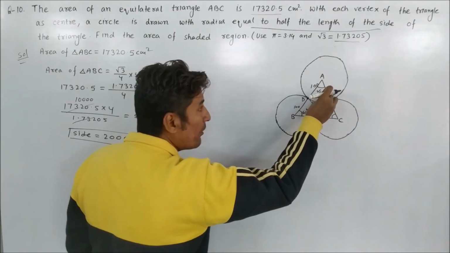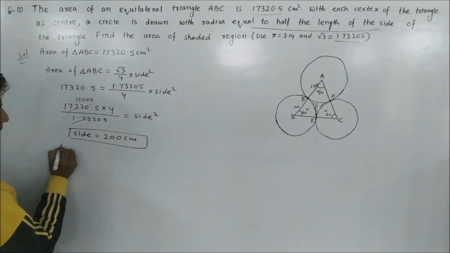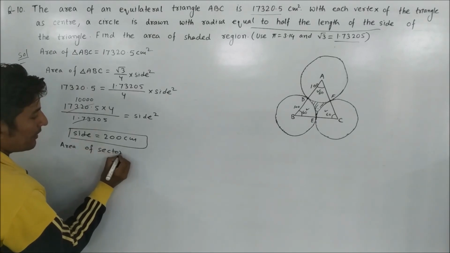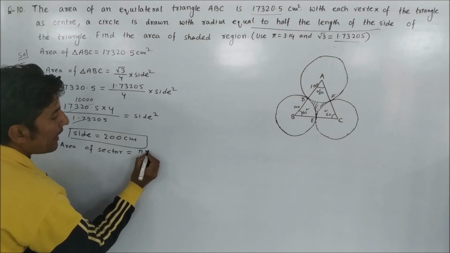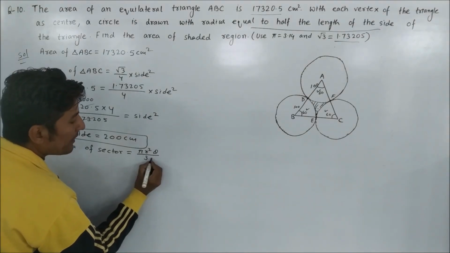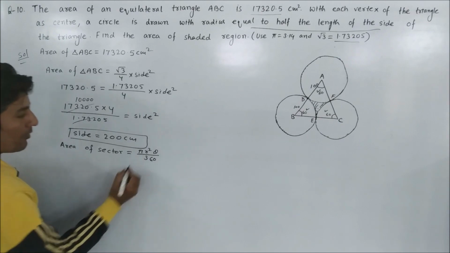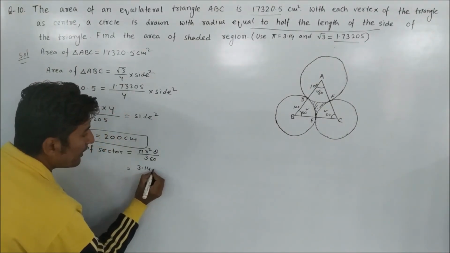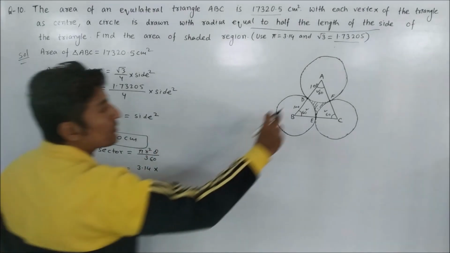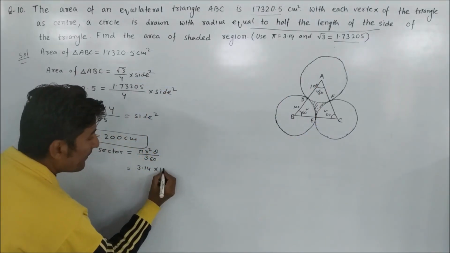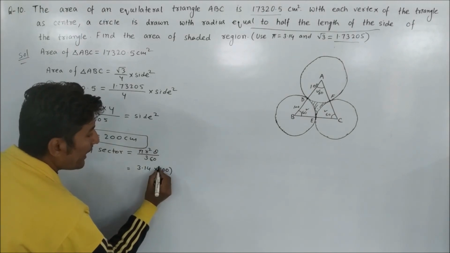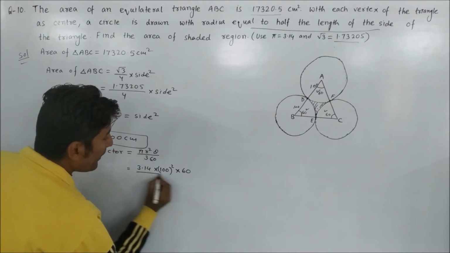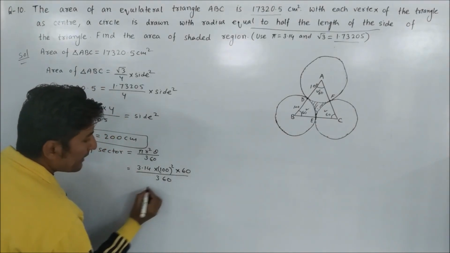Now we are going to find the area of sector. Area of sector will be equal to pi r square theta upon 360 degree. Now in the place of pi we have to assign 3.14 multiplied by radius square. So here we can take the radius 100 centimeter square into theta. Angle is given 60 degree divided by 360 degree.